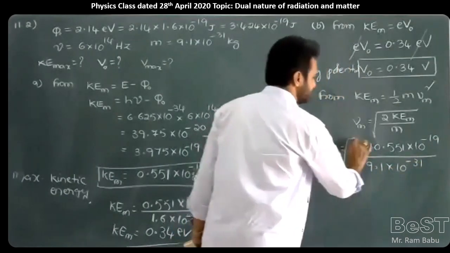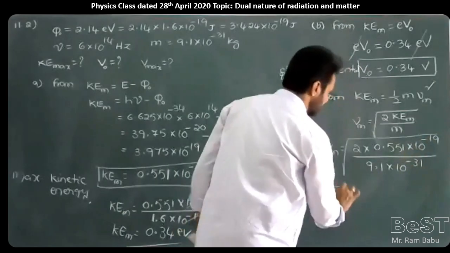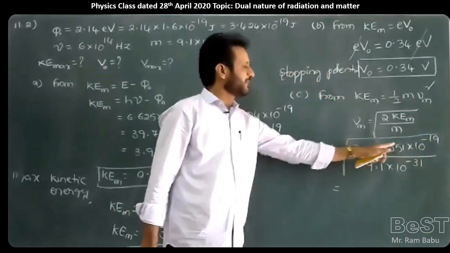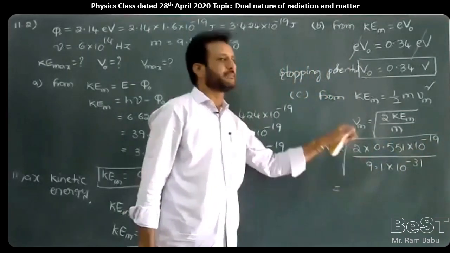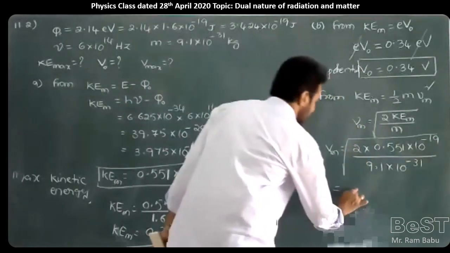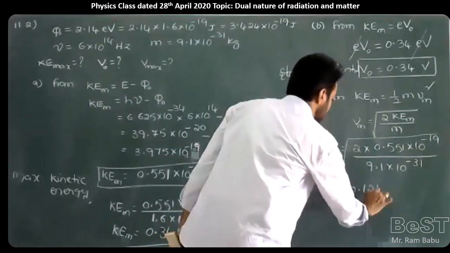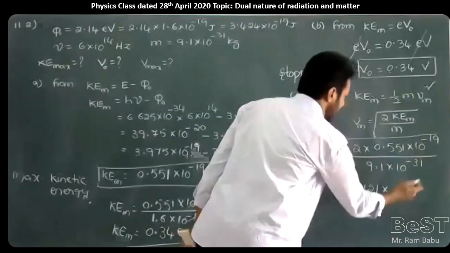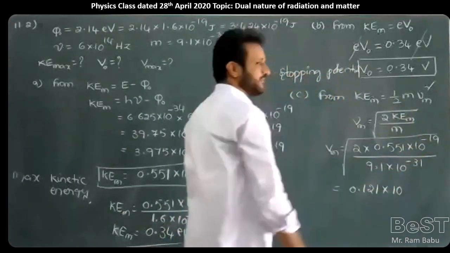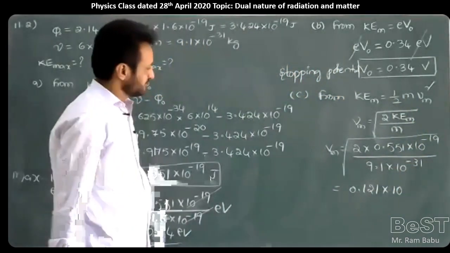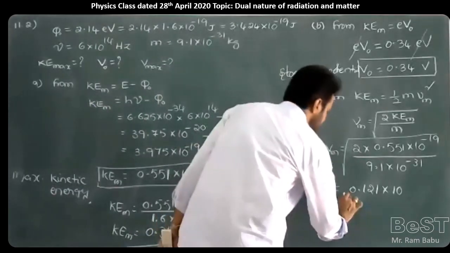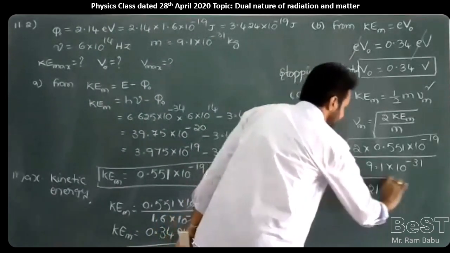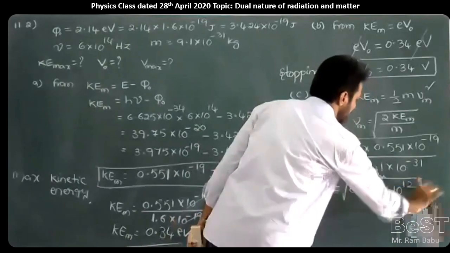Now we have to simplify. 2 into 0.551 divided by 9.1 is 0.121 into 10 to the power of, taking minus 31 to the numerator, plus 31, 31 minus 19, 10 power 12.